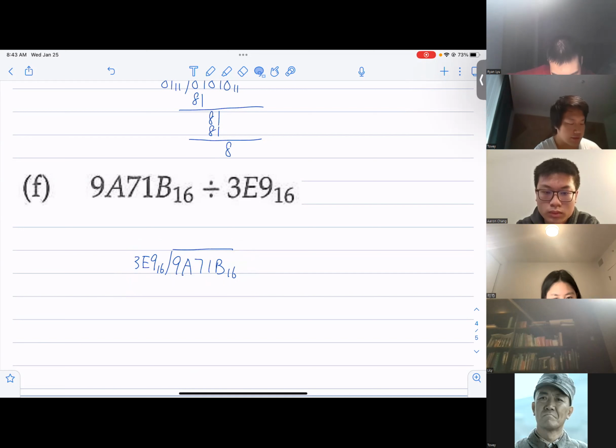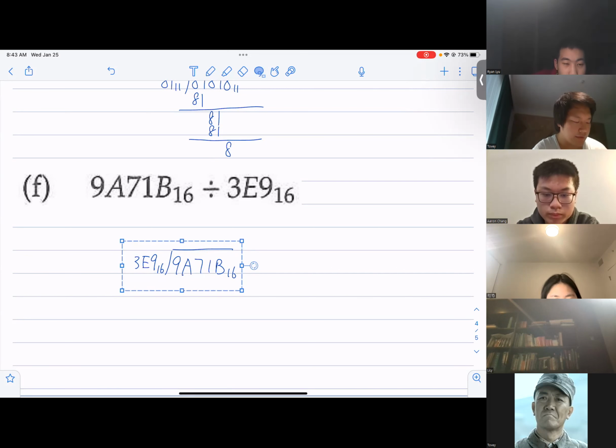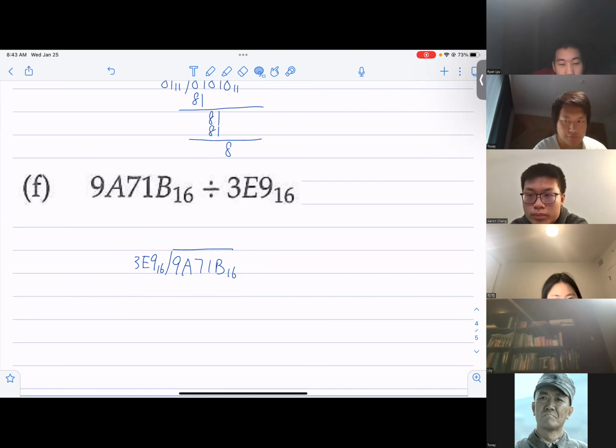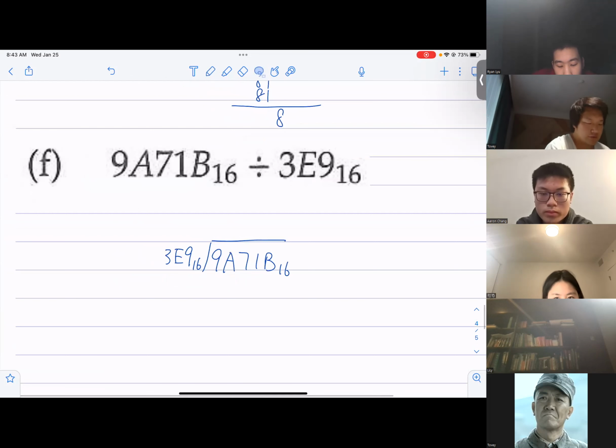So without a calculator, it could be a lot of calculation too. So I think we can just try to do this directly in this number base and try to be familiar with number base calculations. The problem with converting to decimal with this one is that if you don't have a calculator, it's going to take a long time. This is a big number, okay? So just do it directly. It wouldn't be too hard.